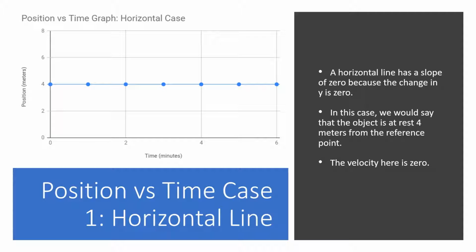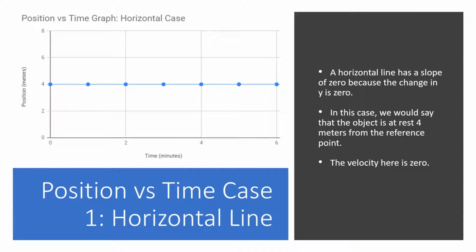That has the phrase of speed or velocity. So when we're looking at a position versus time graph, the slope of that graph is velocity, or speed if we're not talking about a vector situation. But for the most part, we're going to be looking at vectors from now on.